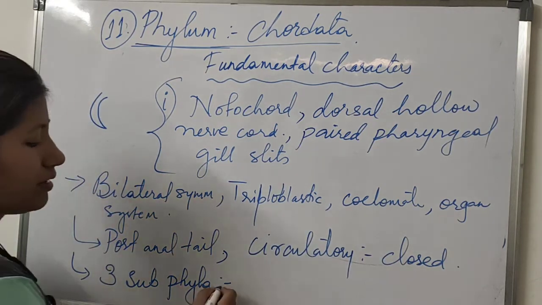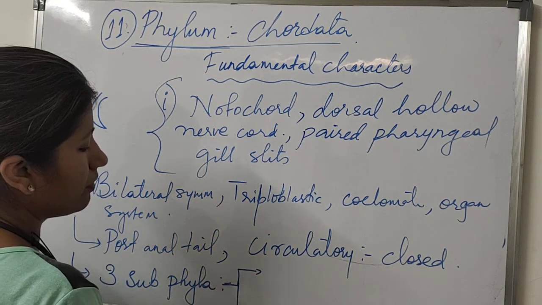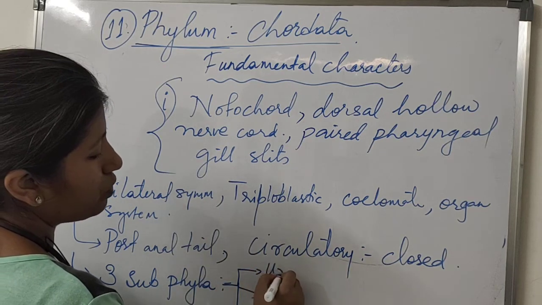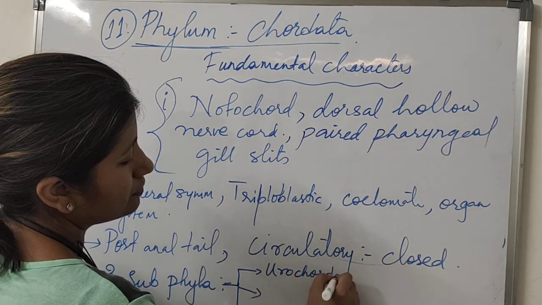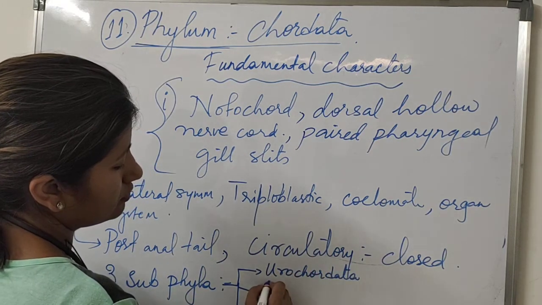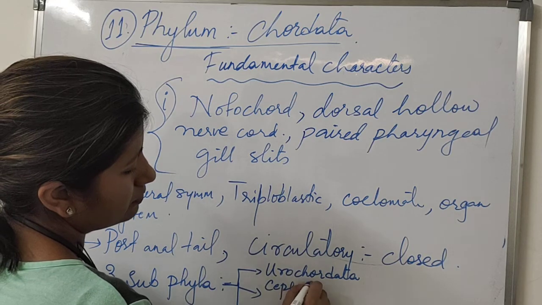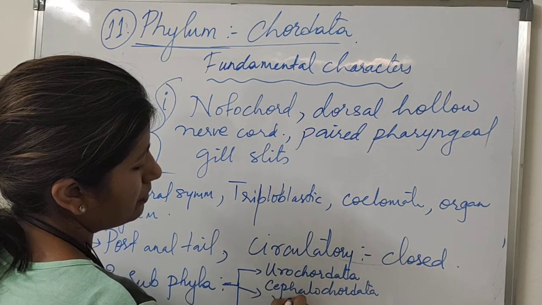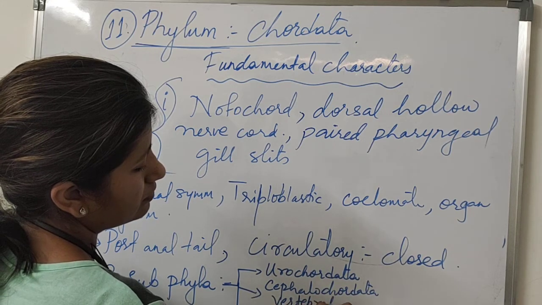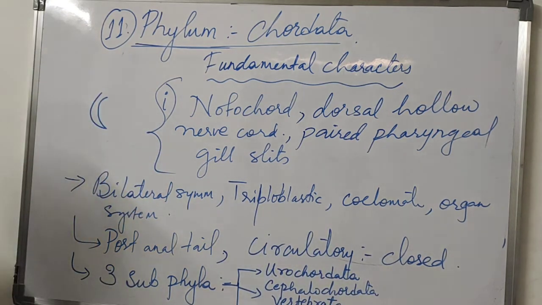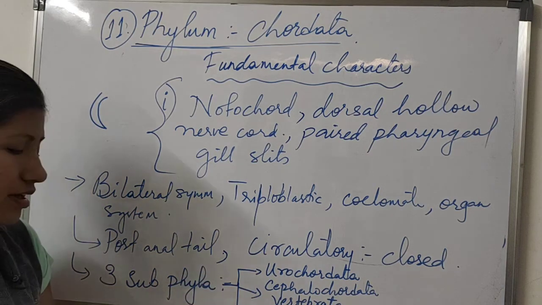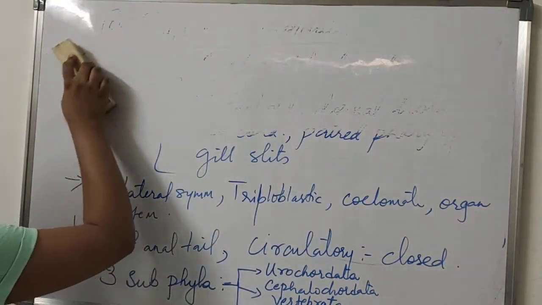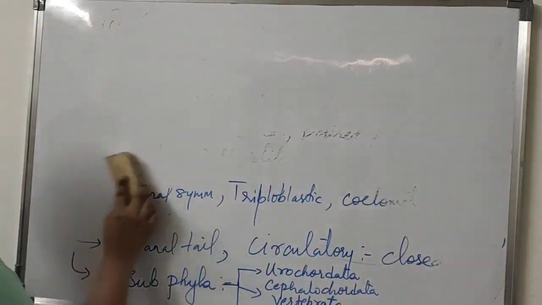The 3 subphyla for chordates are Urochordata, Cephalochordata, and Vertebrata. So we will see the characters of all these 3 subphyla one by one.